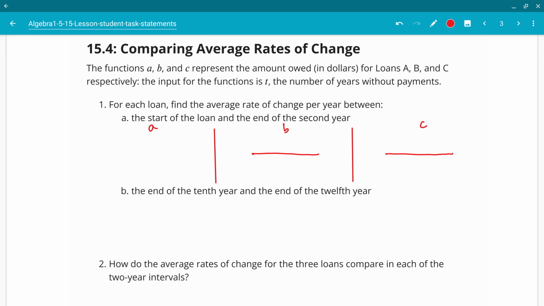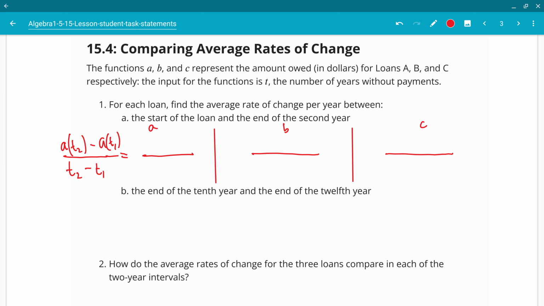It's going to be the amount at one time minus the amount at a different time, divided by those two times. So this is one time and another time, and then one time and another time.